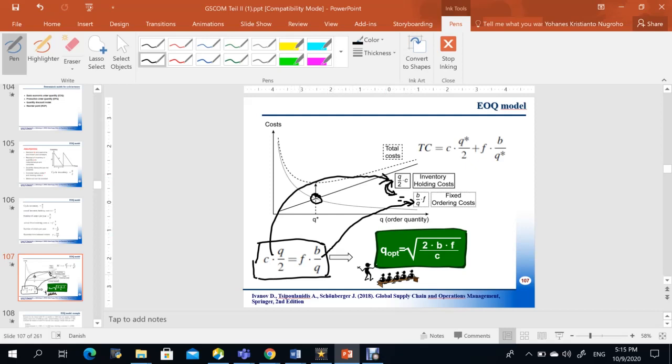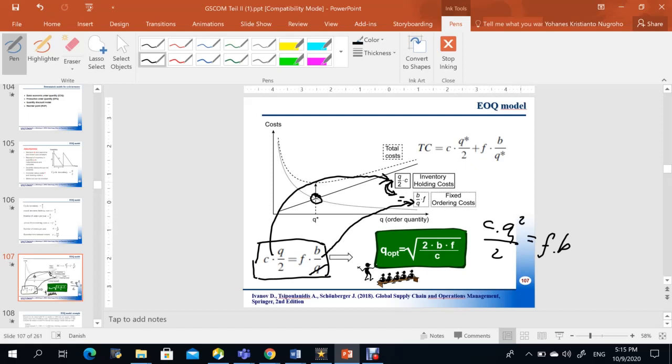In order to simplify the calculation, if we try to eliminate this Q, we have to multiply this equation by Q, and therefore we have C times Q squared divided by 2 equals F times P. Alright?